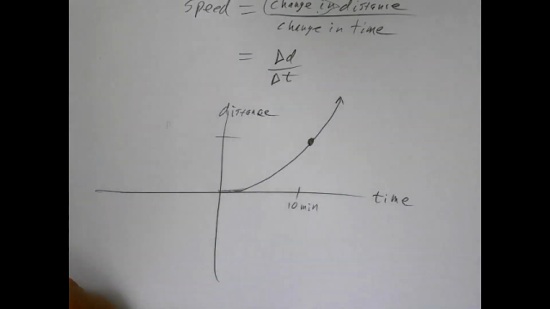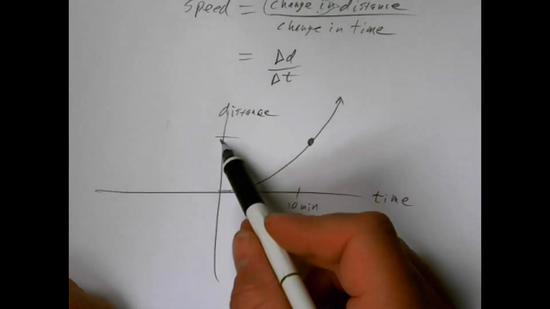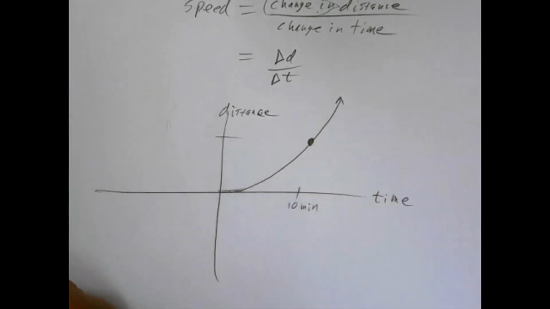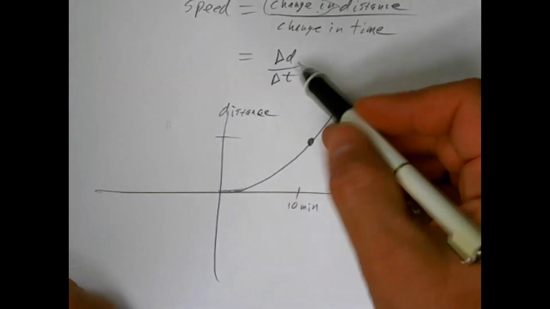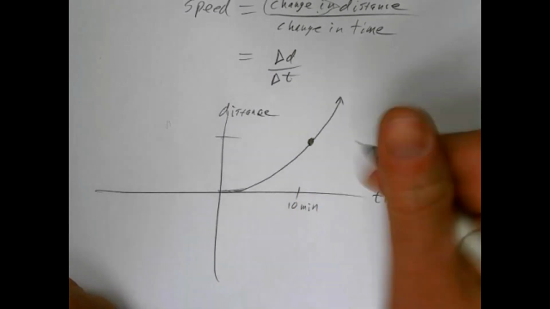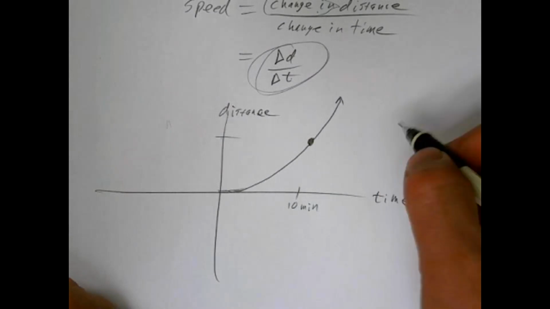So how would I figure out how fast I was traveling at this time if all I know is distances at a particular time? Well, for speed, I need to know change in distance over change in time. So that implies I need 2 points.